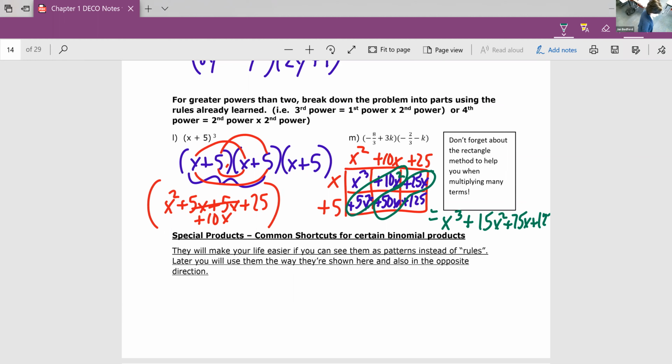Oops, let me see if I can squeeze it in. There we go. All right. Leave it like that. And that would be my final answer because I don't have any other like terms I can combine. I've got an x to the third, an x to the second, x to the first, and then a plain number, a constant.